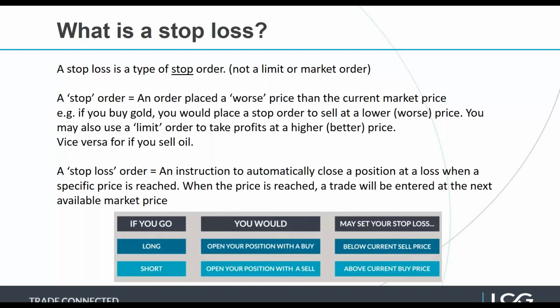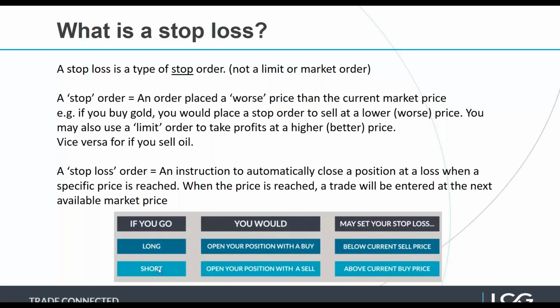Sometimes that next available price will actually be better than you anticipated, and other times it will be worse. And this little box at the bottom is just a basic explanation. If you're going long, you're buying, you're opening your position with a buy, your stop loss is going to be below the current price.